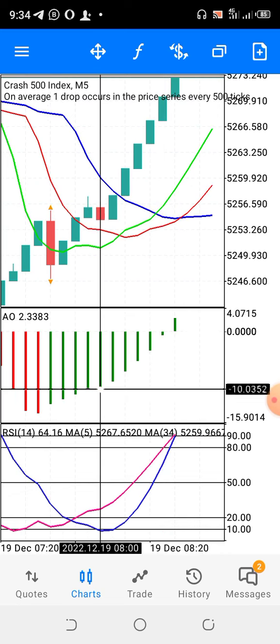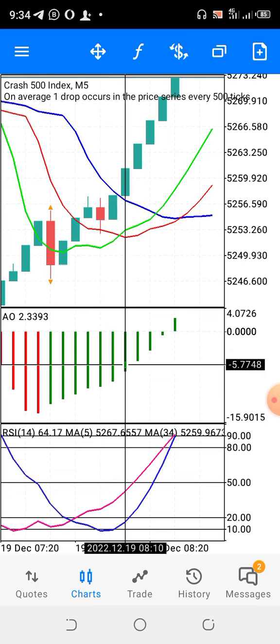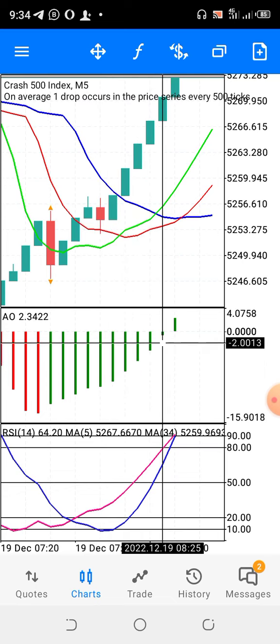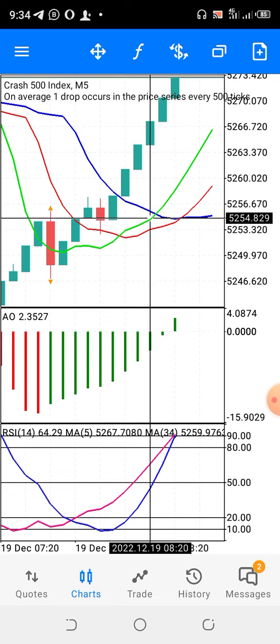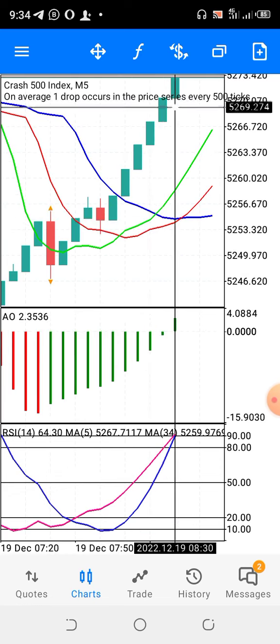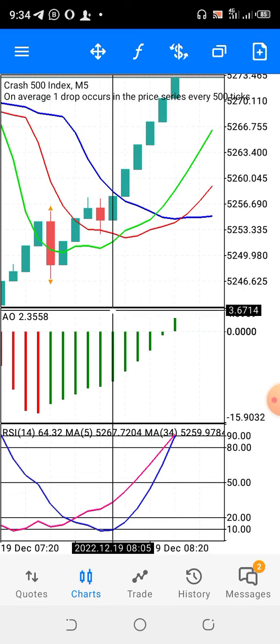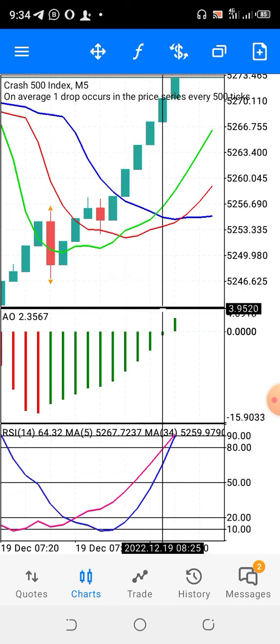This one you are seeing here now, please don't enter immediately, but there must be a cross here first. That is your first confirmation. If the whole lines cross together, then check 1, 2, 3, 4. Please remember, I am using the current movement of the market. I'm not backtesting yet, because I'll backtest and show you how it works.